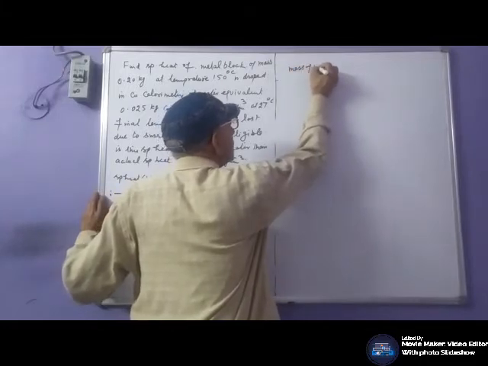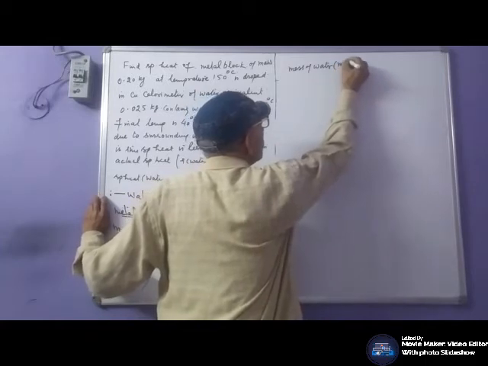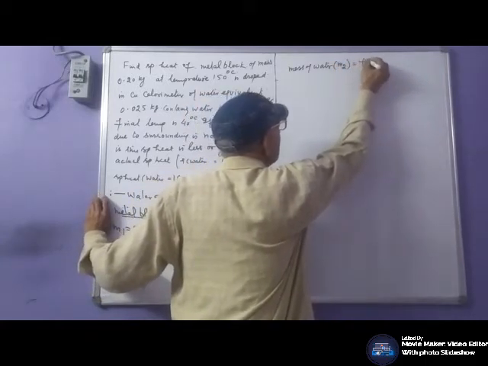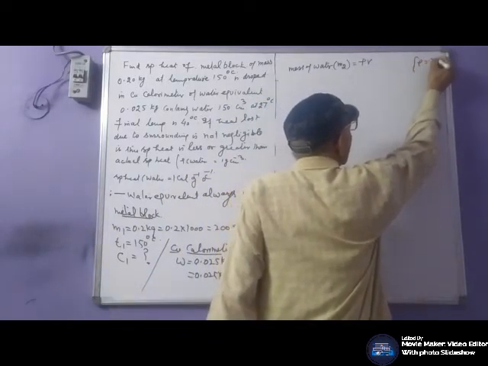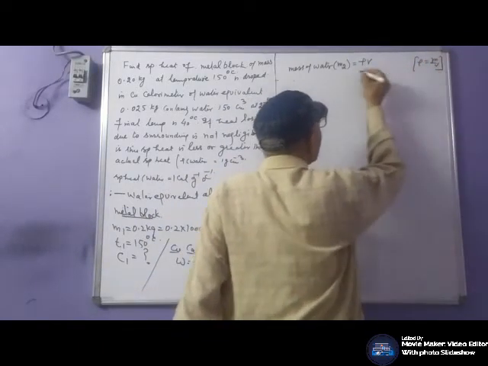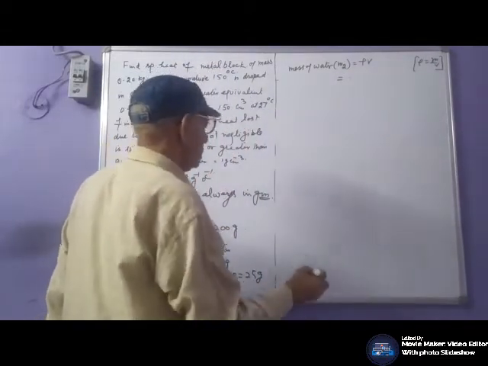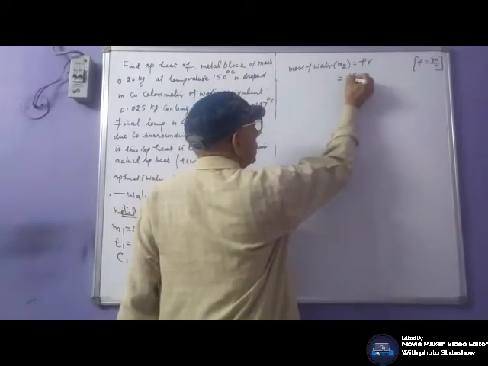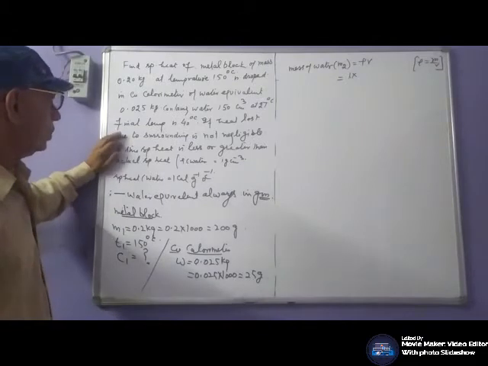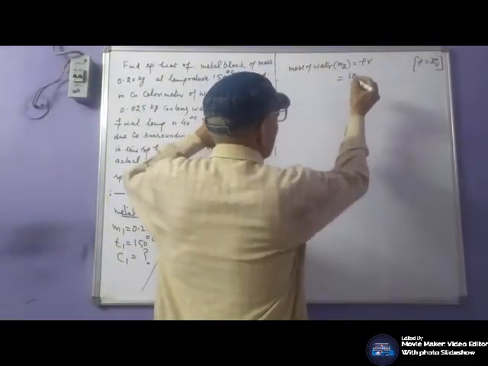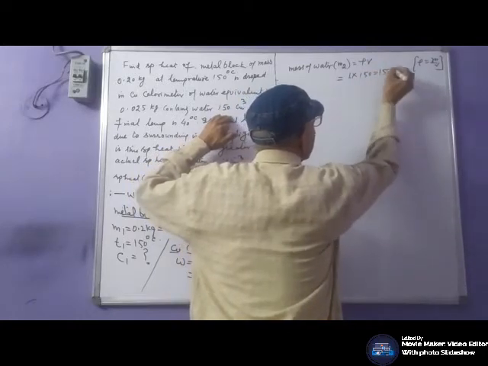Mass of water, M2, is rho times V. Density is mass upon volume. Density is 1, volume is 150, so it is 150 gram.